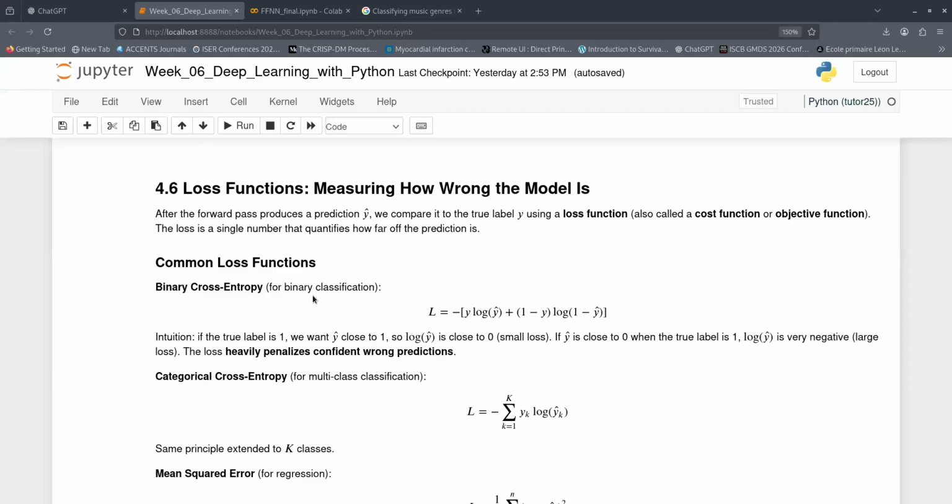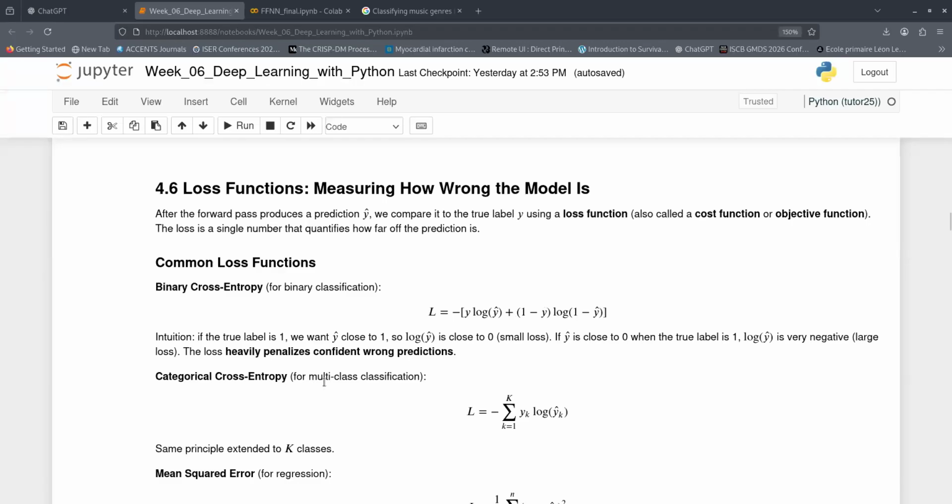So we call it the big L. This is the formula, and it's already coded for you, and you are just going to call it.